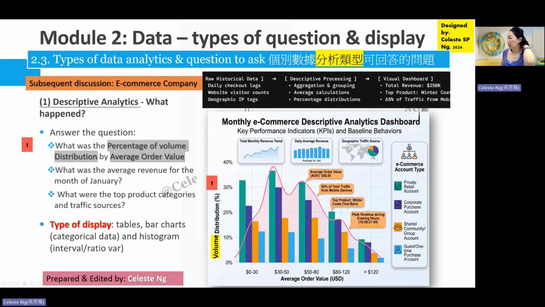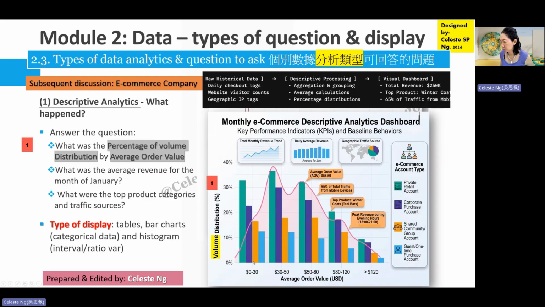Here we have several bars, each representing different accounts, differentiated by color: a private retail account, corporate purchase account, shared community or group account, and also guest or one-time purchase account.